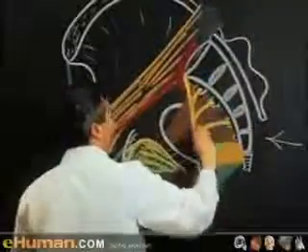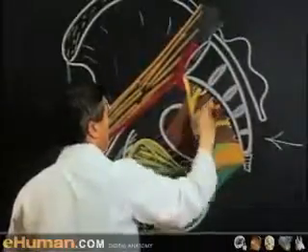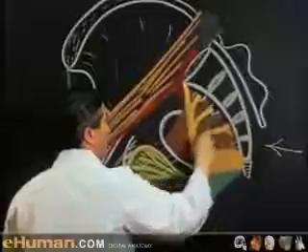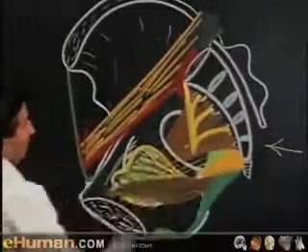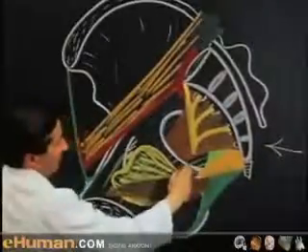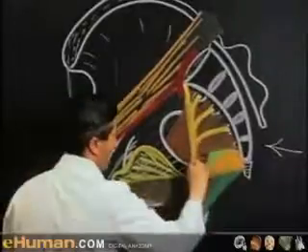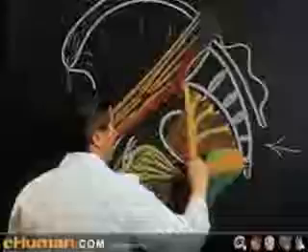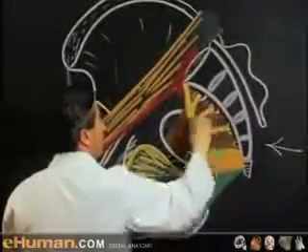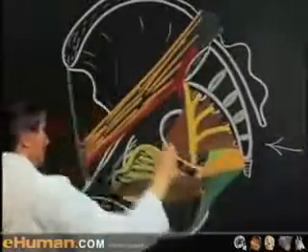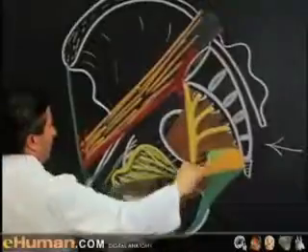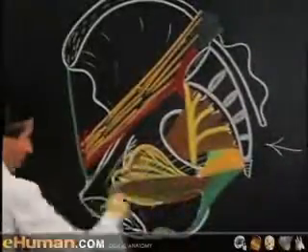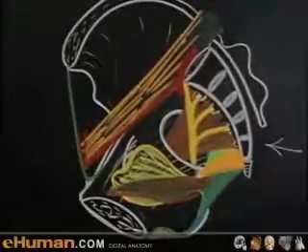So we have L4, 5, S1, 2, and 3 forming a very large nerve here, known as the sciatic nerve, which will disappear from the pelvis very quickly by passing through the lower part of the greater sciatic foramen. So there is the sciatic nerve disappearing through the lower part of the greater sciatic foramen beneath the lower margin of the piriformis and entering the gluteal region.